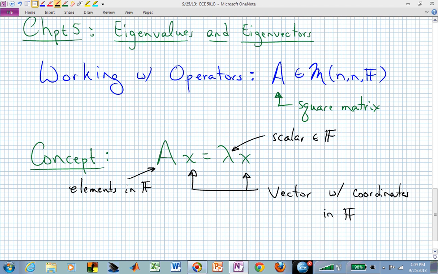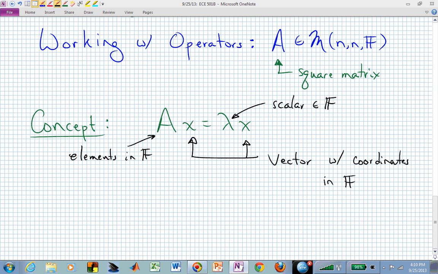So F is typically either the real number line or the complex plane, these fields of reals and complex numbers. If we can find a vector and a scalar that satisfy that relationship, AX equal lambda X, again, I'm just giving you a motivation and a big picture so that we can dig into the chapter with a little bit better understanding when we start talking about the background of chapter 5.